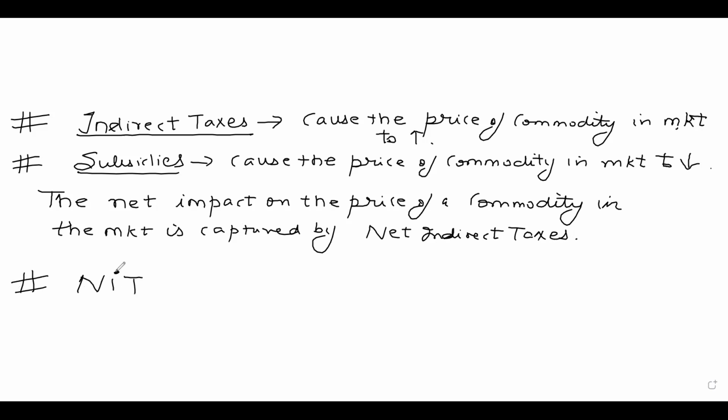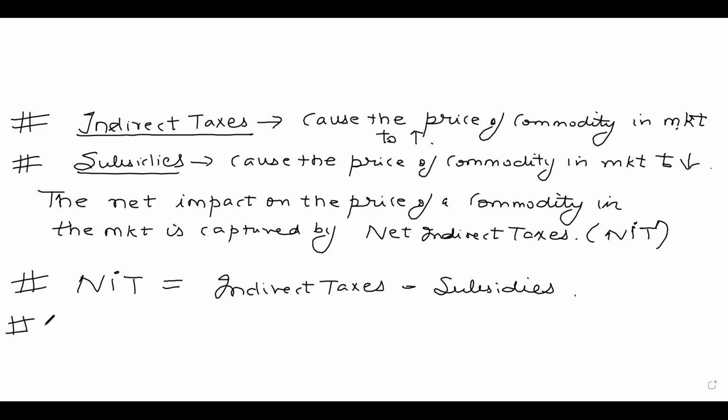Net indirect tax, which we denote by NIT, which is the short form I will be using throughout my lectures on national income, is nothing but the indirect taxes minus the subsidies.